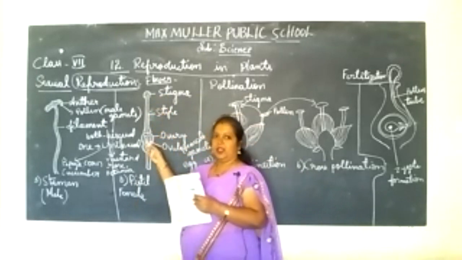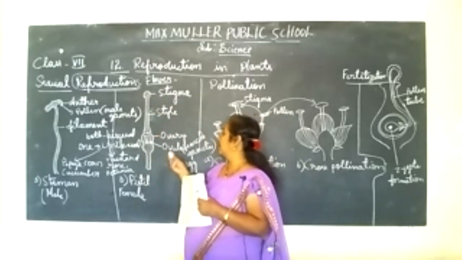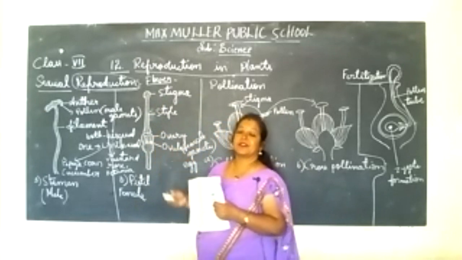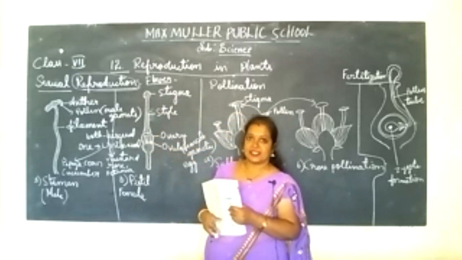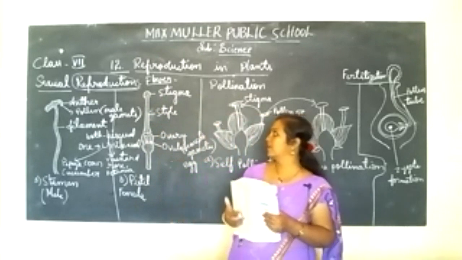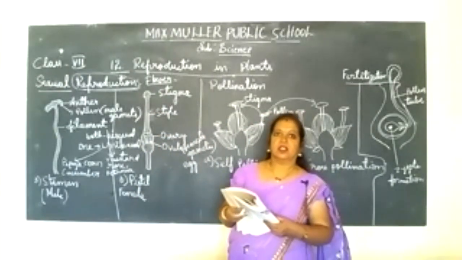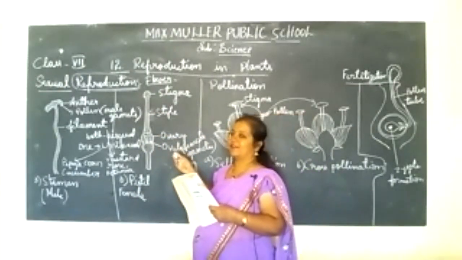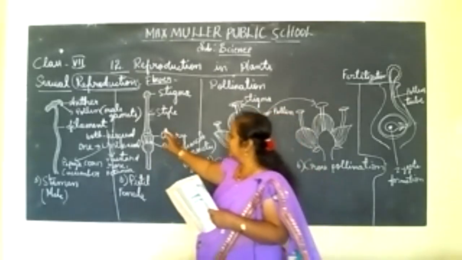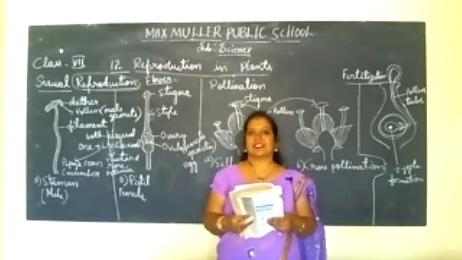Inside the ovary, there are small seed-like structures, we'll call them ovules. Those ovules act as female gametes or eggs. Female gametes are nothing but female reproductive cells. They are mainly responsible for the formation of fruit and seed. This part only is going to change into fruit and seeds.